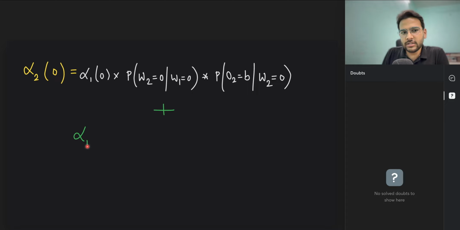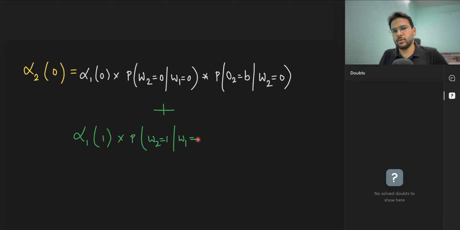So this is now alpha 1 of 1 multiplied by probability of the same thing, but now the value will be W2 is equal to, sorry, 0 given W1 is equal to 1. Yes or no? Can I say this? Okay, it should be 1 only, right?